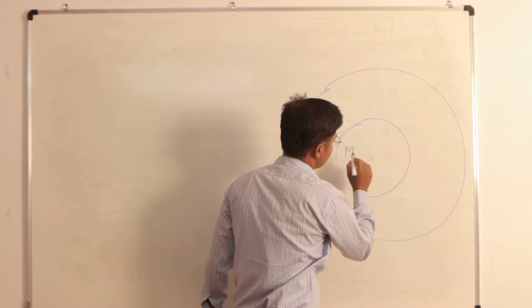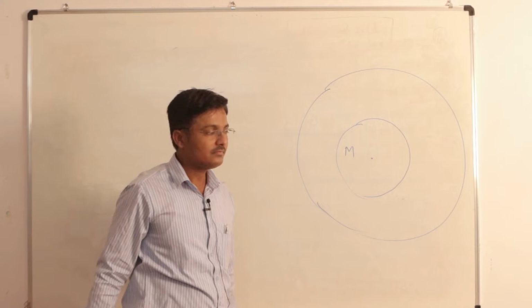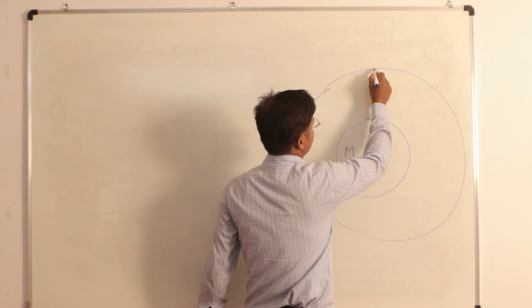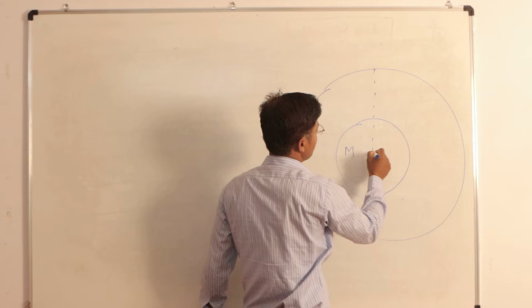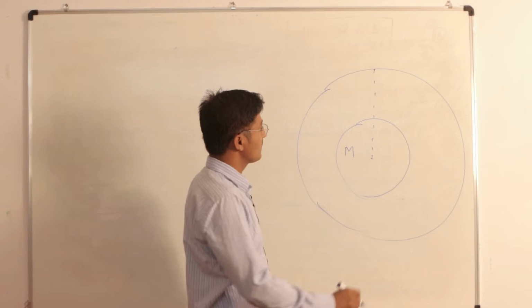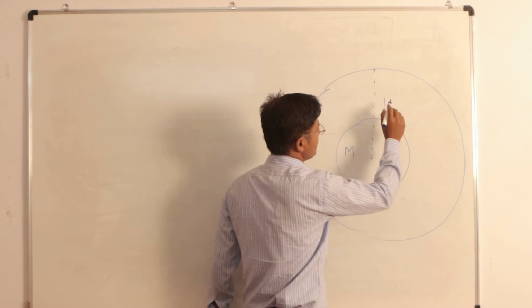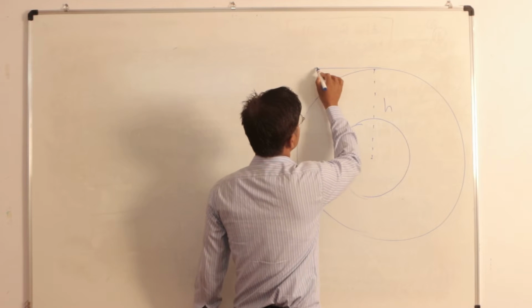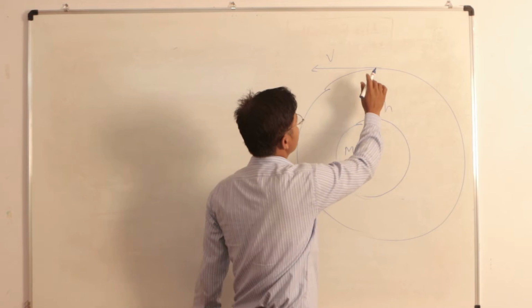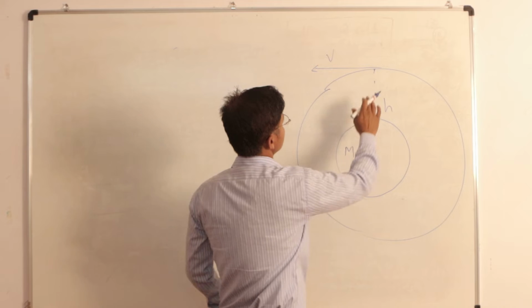Suppose this is the center of Earth, and the satellite is moving around the Earth, which is at height h, and small v is the linear velocity of that satellite.